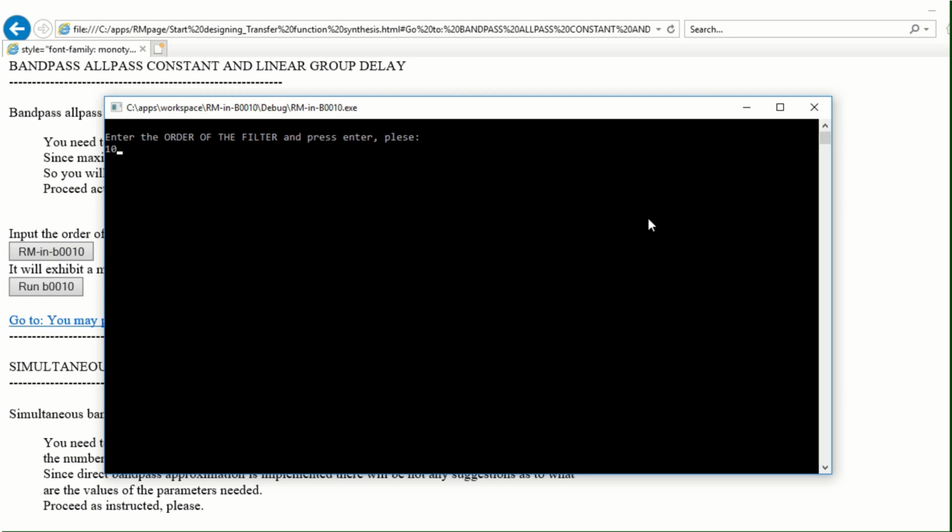It may happen that you supply data which are not physically realizable, and in that case you should proceed either by increasing the value of the nominal group delay which is suggested in the program, if that happens, or by decreasing the order of the filter.